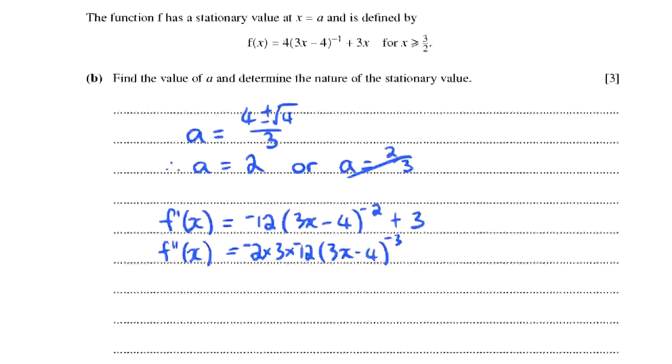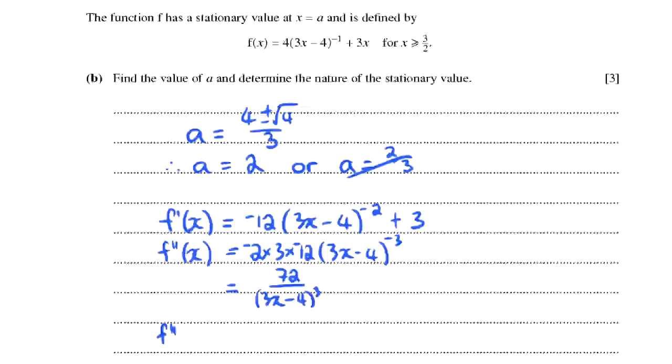All right, so this is going to equal 6 times 12, so positive 72 over (3x minus 4) cubed.